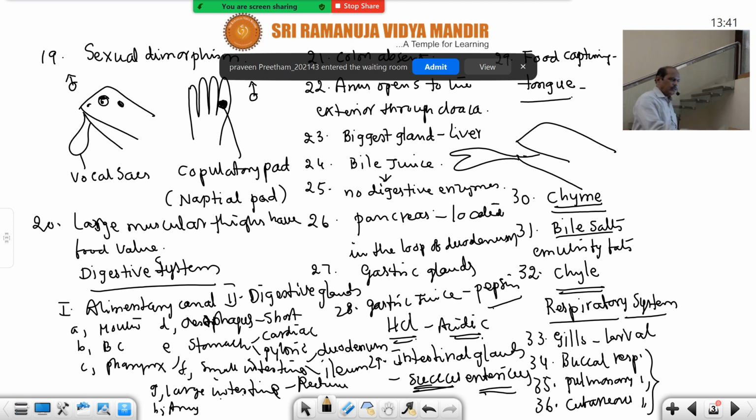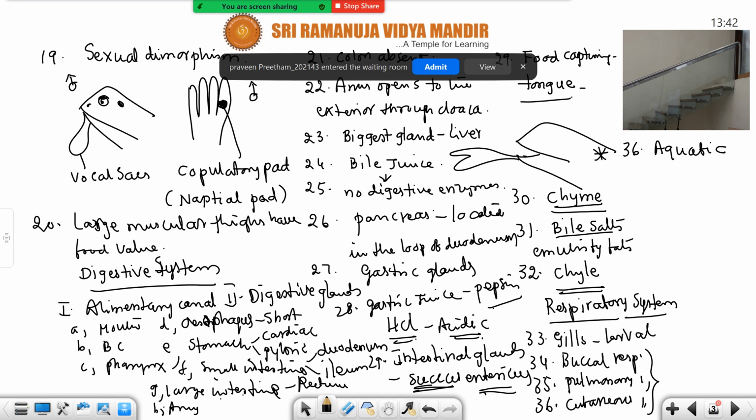Only in the tadpole, gills are the respiratory organs, but in the adult frog, buccal cavity, lungs and skin are the respiratory organs. Buccal cavity is anyhow negligible.